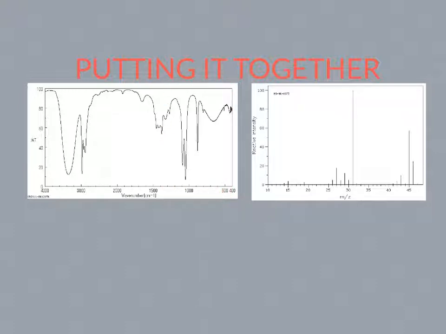So now we're going to go over to our mass spectrometry chart right here. We're going to start off by finding our M+ peak, and it is looking like we have a very small peak right here at about 47. That is just a very slight fragment, and we do not include that.